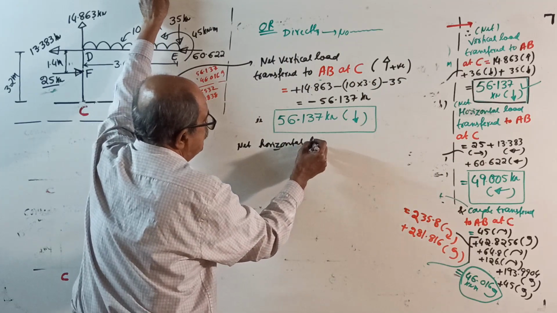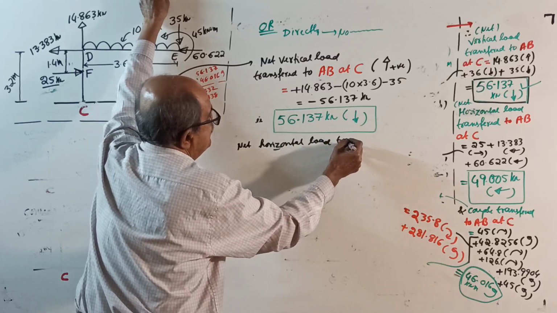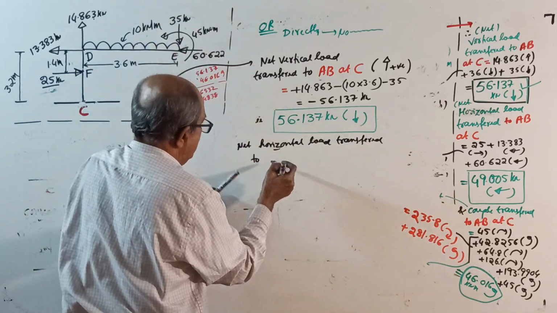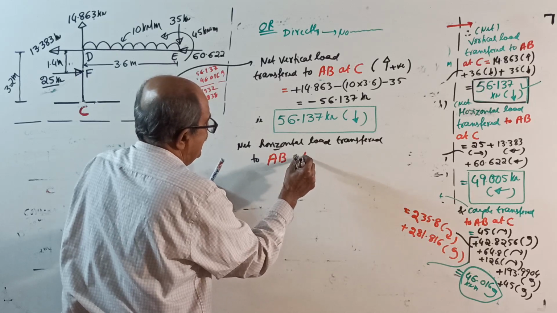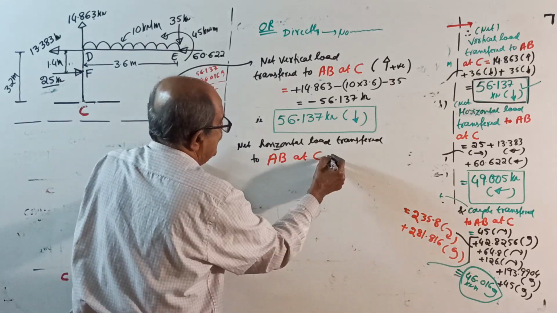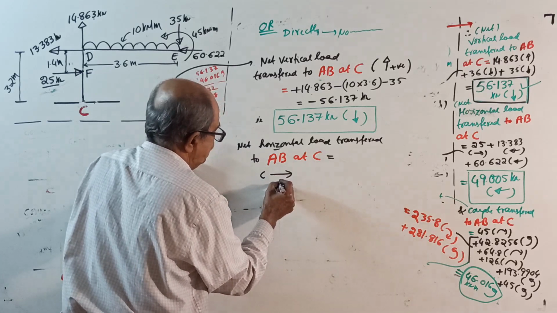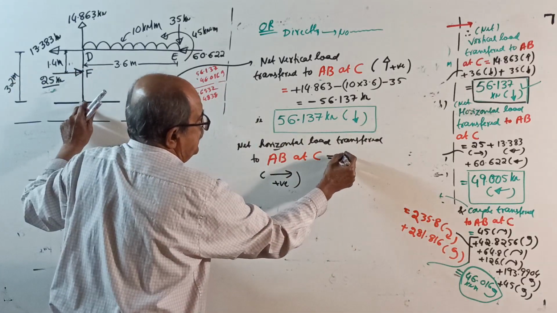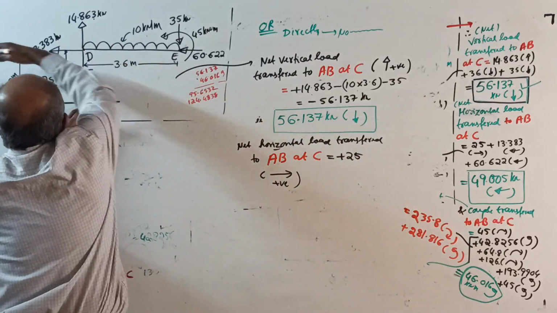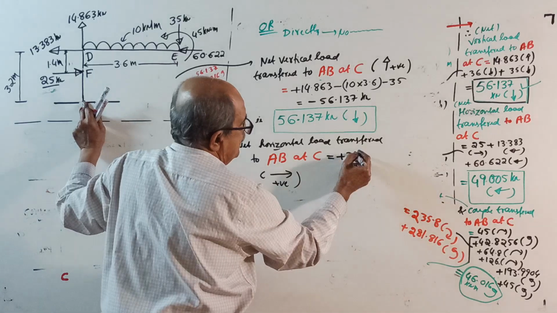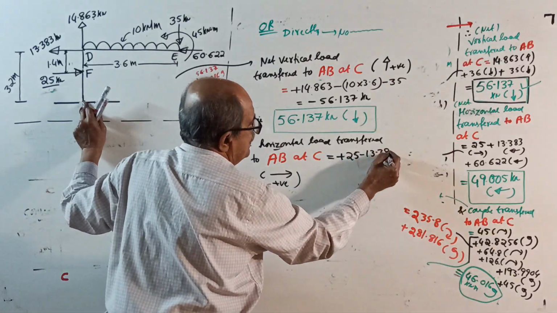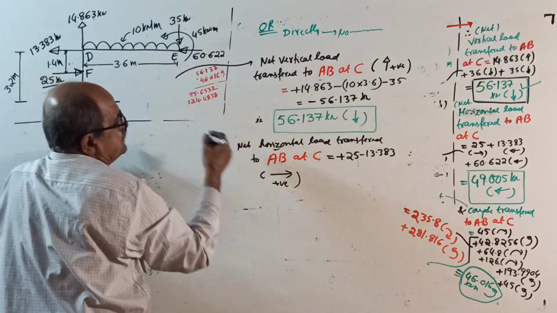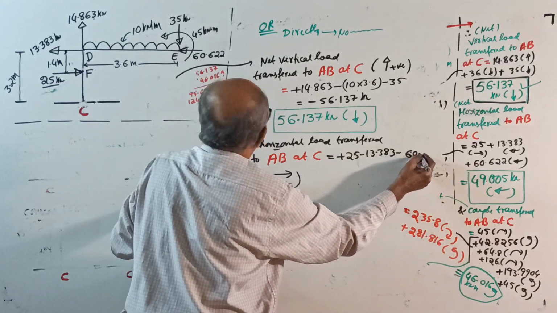Then same way, net horizontal load transferred to our main beam AB at C, sign required. We will take right side positive. Plus 25, minus 13.383, then minus 60.622.